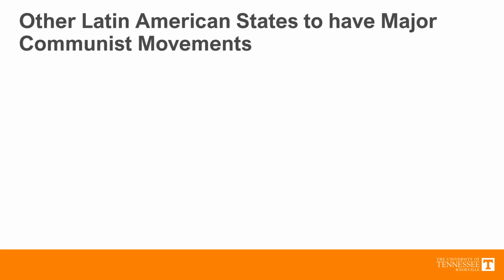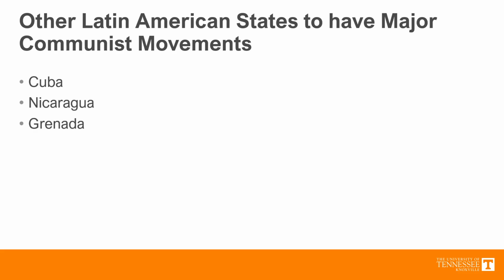And so the major movements, in list of severity, are Cuba, of course, which not only became communist, has remained communist, and was the impetus for the Cuban Missile Crisis and the Bay of Pigs. It's a big issue within U.S. foreign policy today. We still have a trade embargo with Cuba.